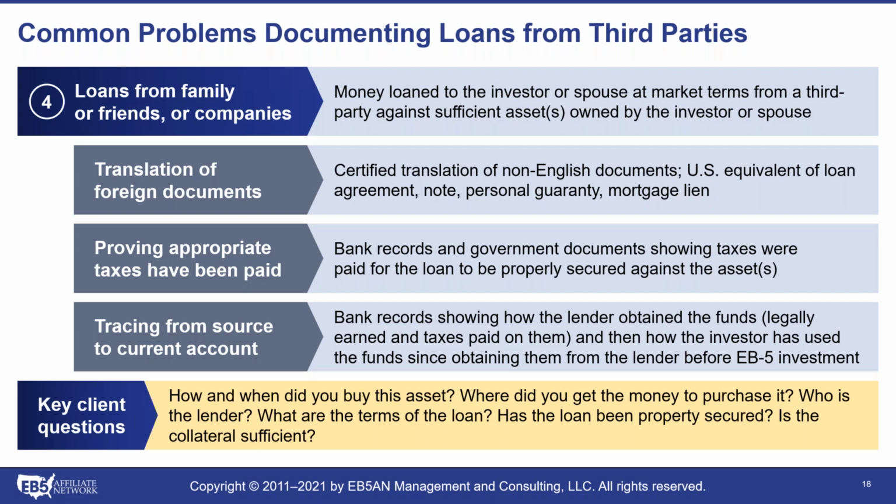A lot of times, if you're getting a loan from a bank or some sort of financial institution, they won't ask too many questions about how the bank got the money. But if you're getting a loan from a friend, then USCIS may ask how the friend earned that money that is being lent to you that you are now investing into EB-5.